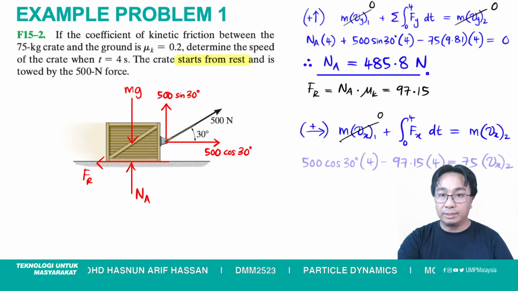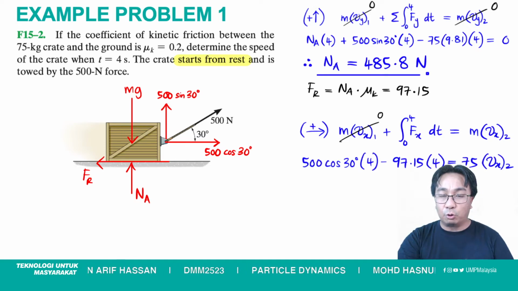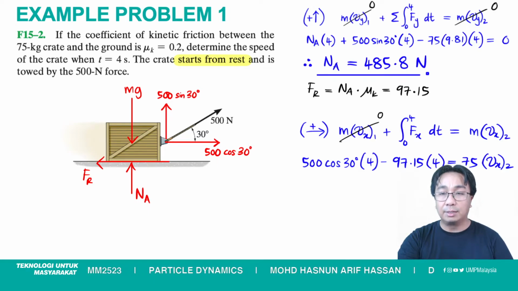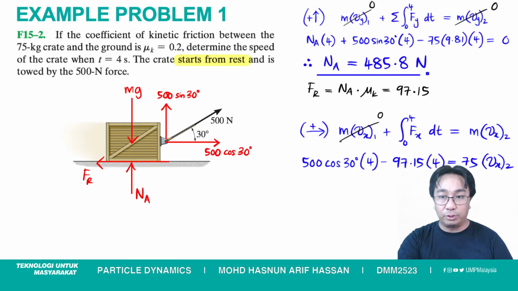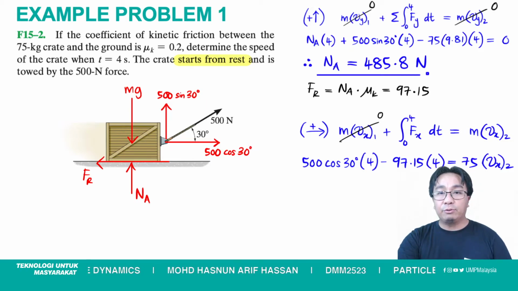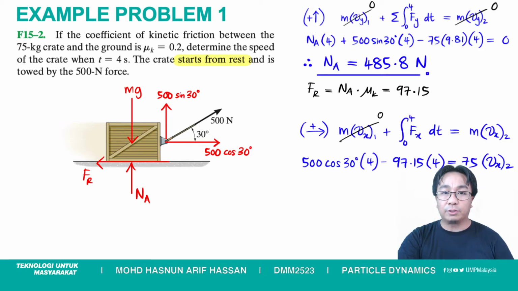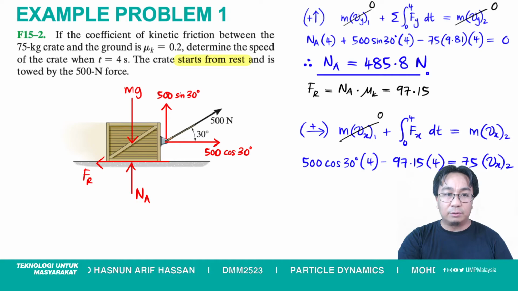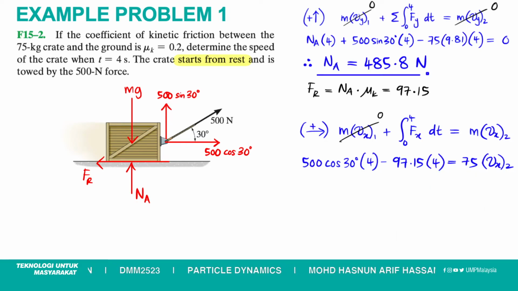What you have is the positive component of the towing force, 500 cos 30, multiplied with the time 4. Then you have the friction force pointing backwards, which is negative, and you multiply 97.15 with 4. On the right hand side, it's the mass times vx2, which is 75 times vx2.